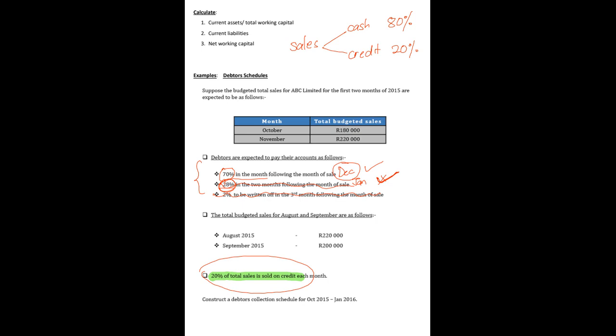But we don't know what the total sales is for December and Jan. They didn't give us that, so we cannot calculate it for December and Jan. So in this table, I'm going to put in a dash for December and Jan, and we're going to indicate that there was no figure to calculate cash sales there. But for October and November, we can calculate it.